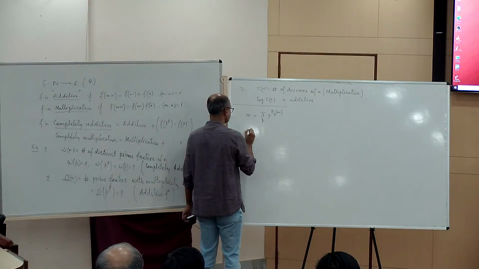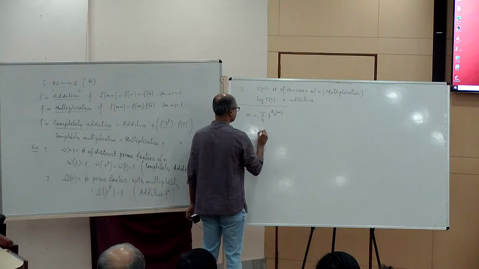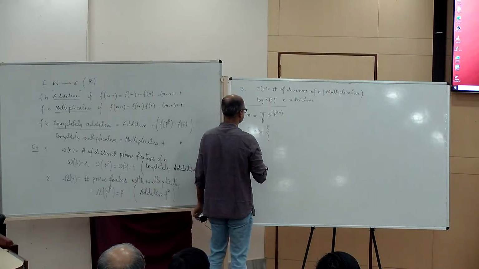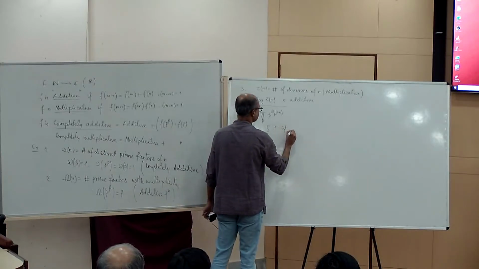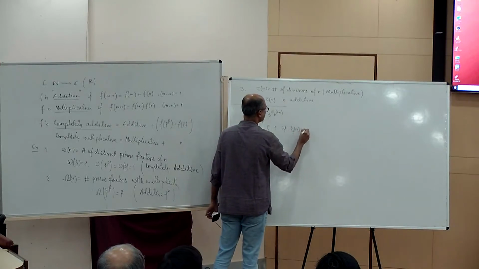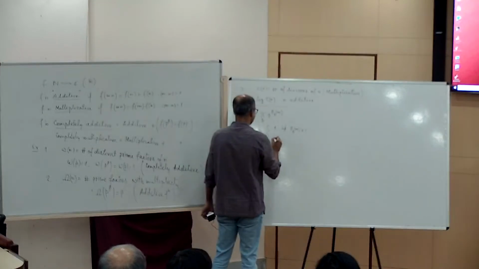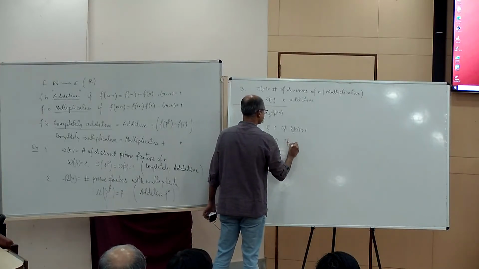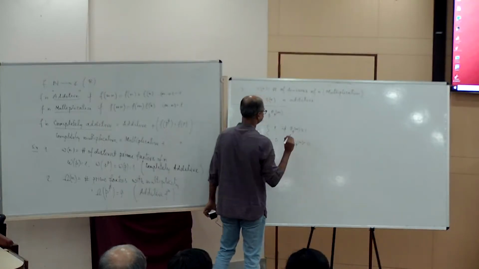One more notation is delta p of m. Let me just define. So, this is defined as 1 if beta p of m is greater than or equal to 1, and it is 0 if beta p of m is equal to 0.